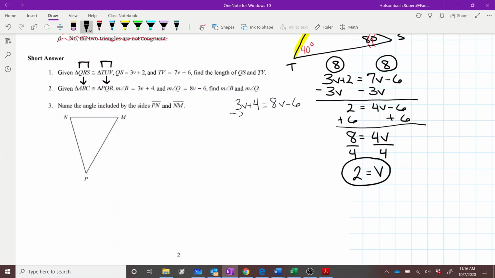So we can subtract 3V from each side. Four is going to equal 5V minus 6.